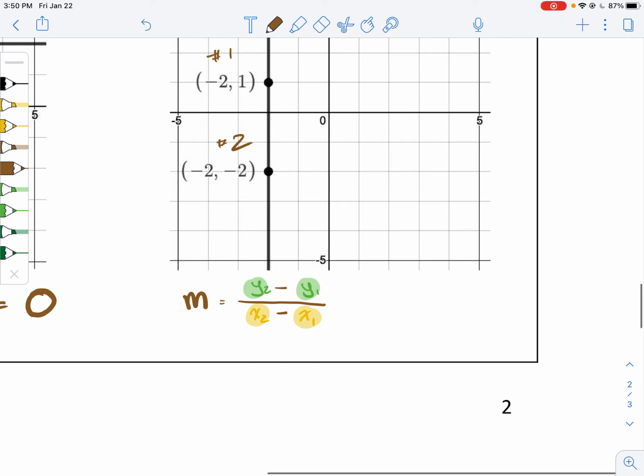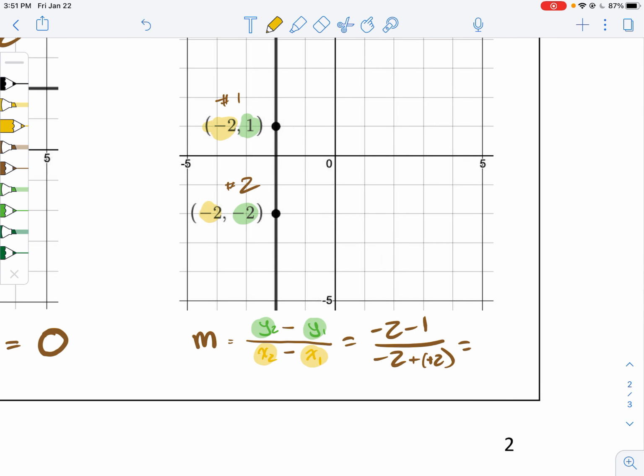Sure. So if we plug in our y2 minus y1, that is negative 2 minus 1 all over negative 2 minus negative 2, giving us a plus 2. So, hey, look, our x's are the same. That's notable.